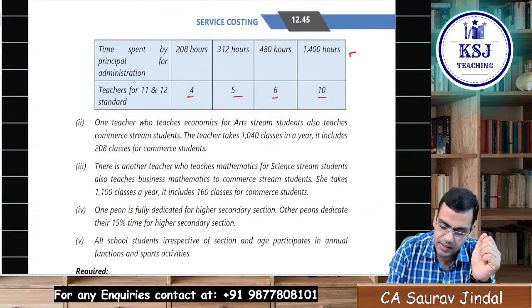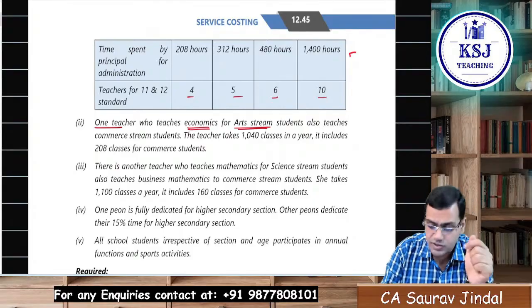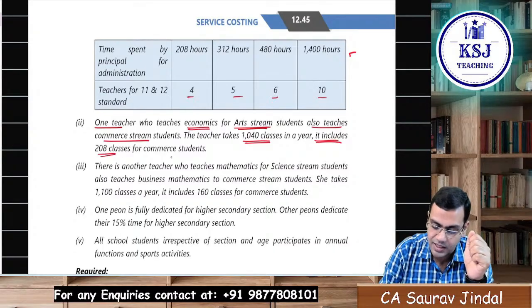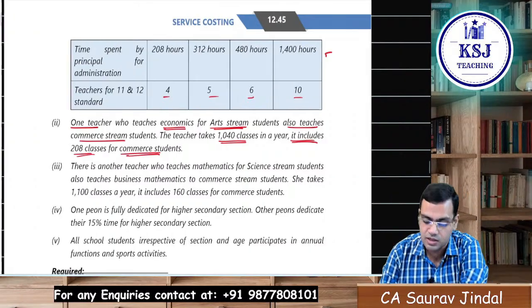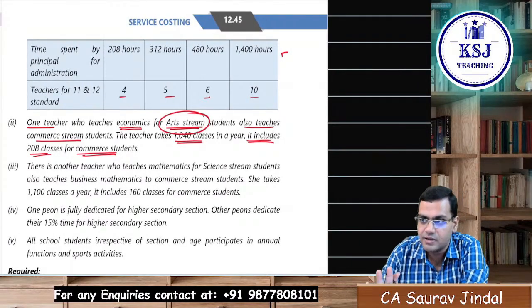Now he says one teacher who teaches economics for art stream also teaches to the commerce stream, right? The teacher takes 1040 classes in a year. It includes 208 classes for the commerce students, right? So it is an art stream teacher, right? They are getting a salary.